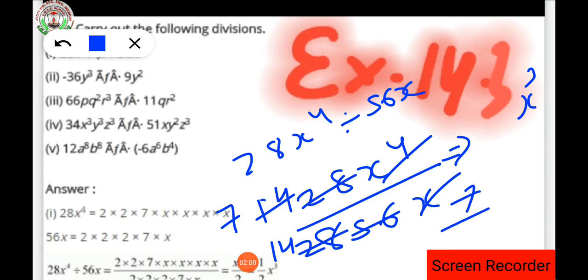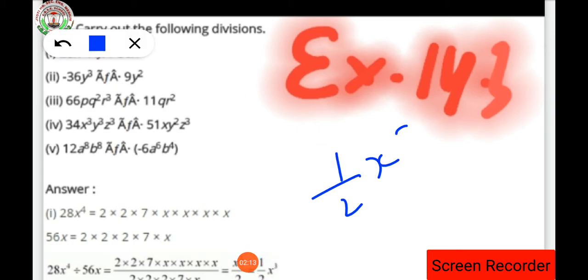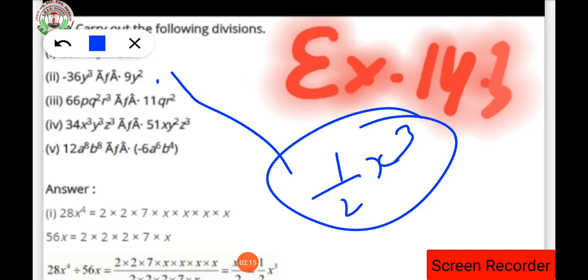Now again 7 upon 14 will get cancelled: 7 1 is 7 and 7 2 is 14. So what is the answer left over here? The answer will be 1 by 2x to the power 3 for the first.